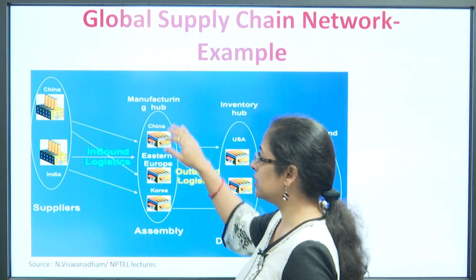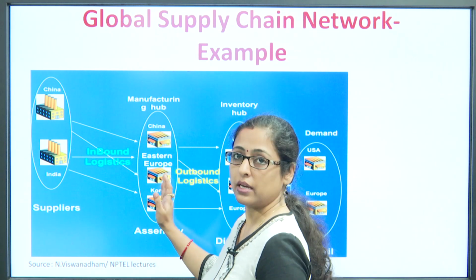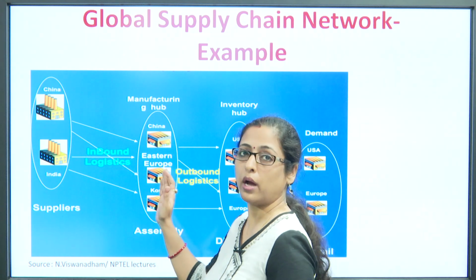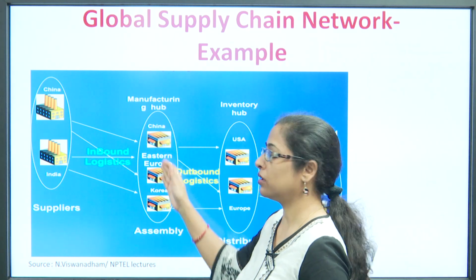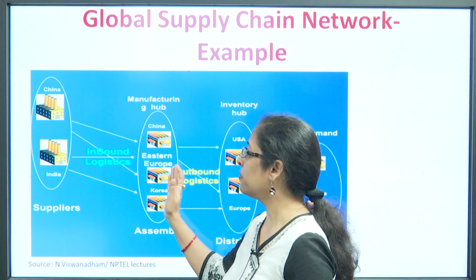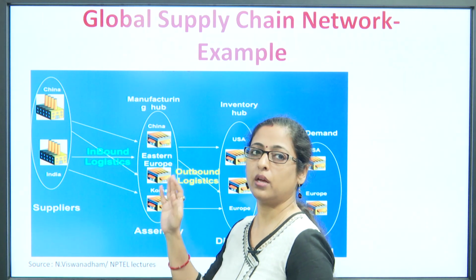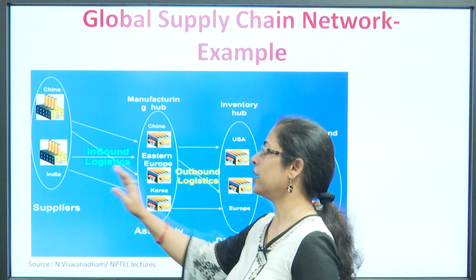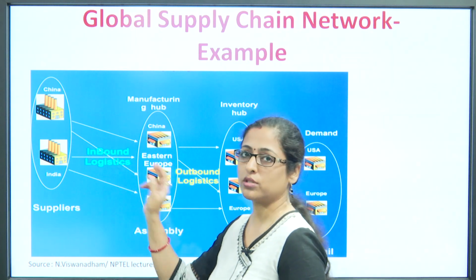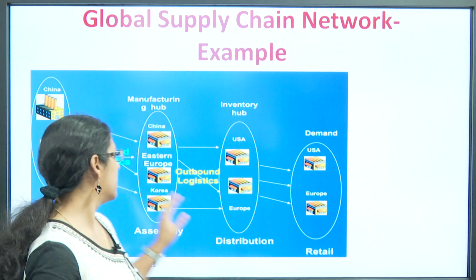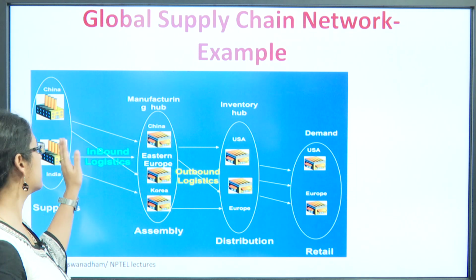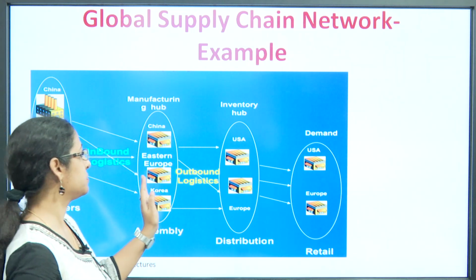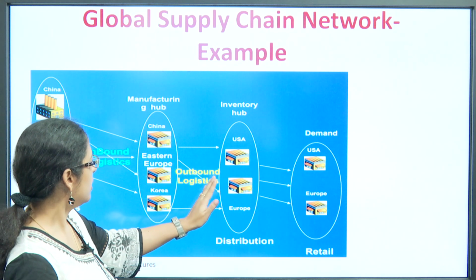That means for these three countries, who have their setup of the assembly line, the resources are being obtained or procured from China and India. So, inbound logistics has to be maintained between these four countries.